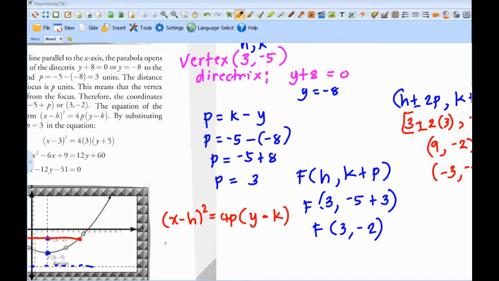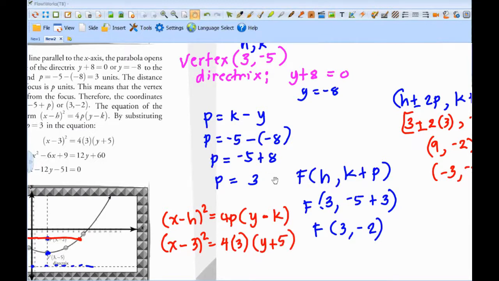So therefore we have X minus H, the H is 3, equals 4P, which is also 3, and Y minus K, which is negative 5, so it's now plus 5.